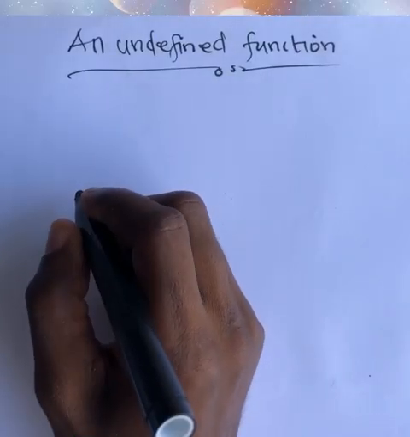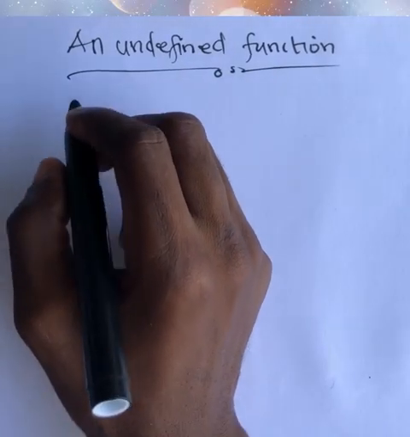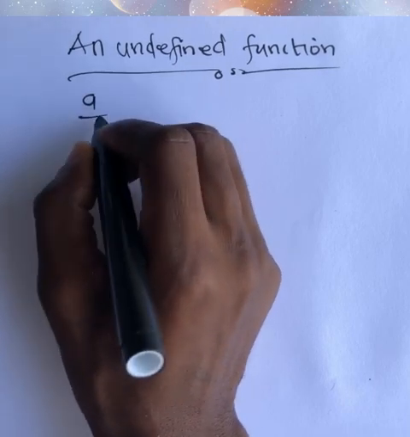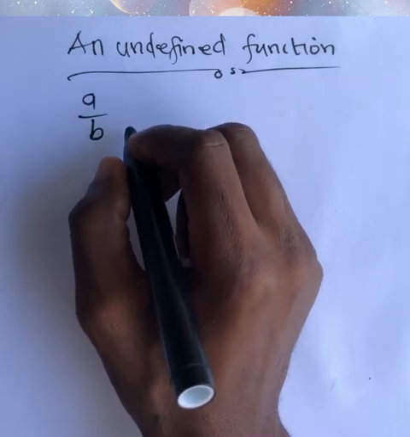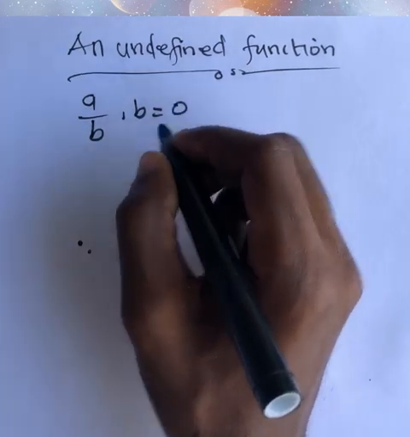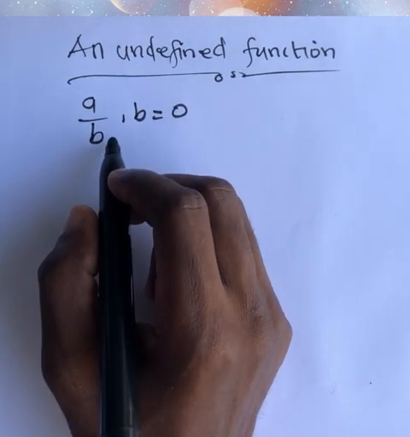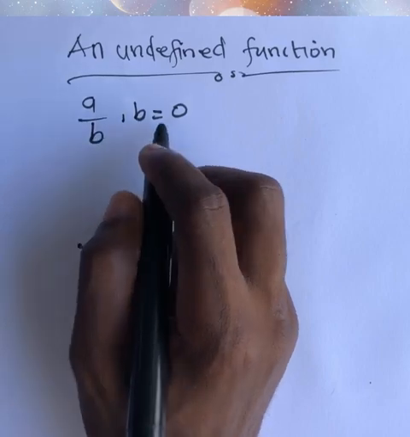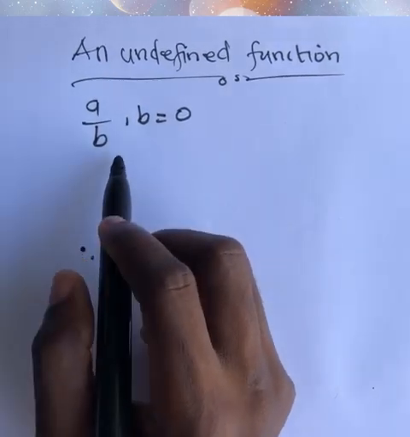A function is said to be undefined when, let's say, we have a fraction a over b, and b equals 0. Then we can say that this function is undefined, because anytime the denominator of a fraction becomes 0, the function becomes undefined.